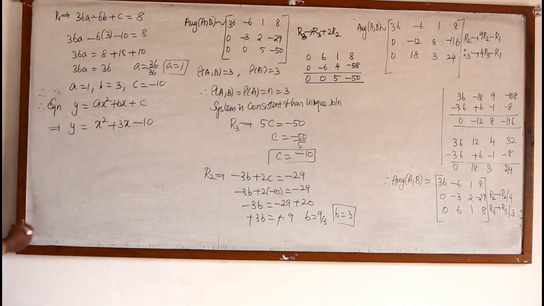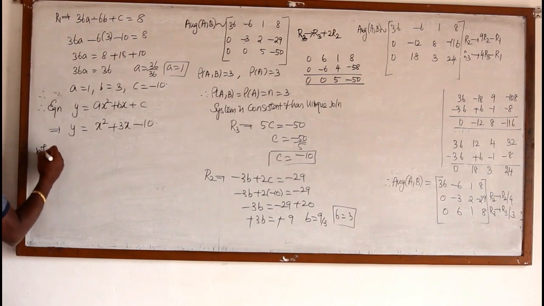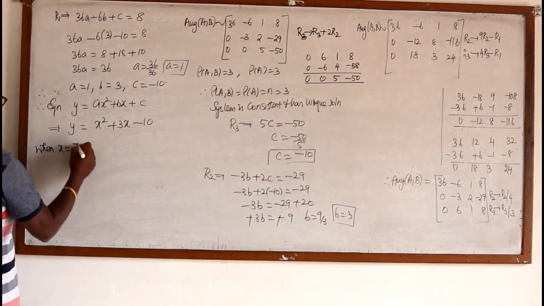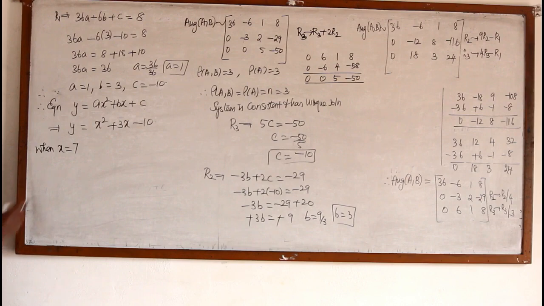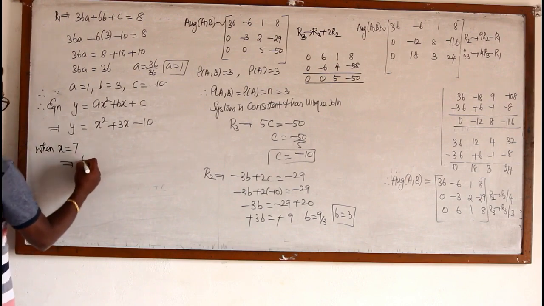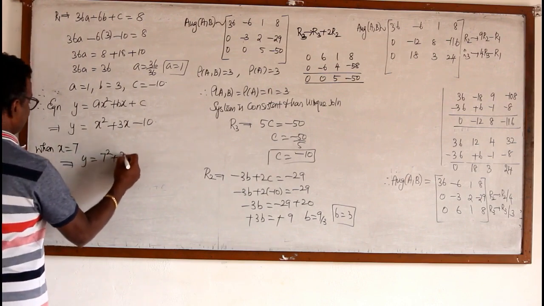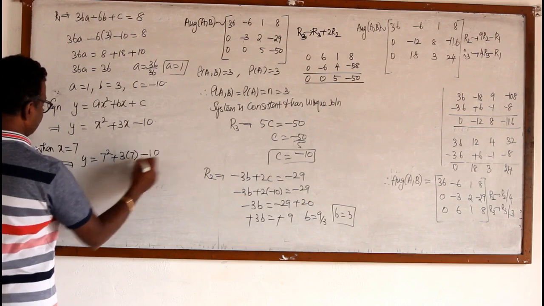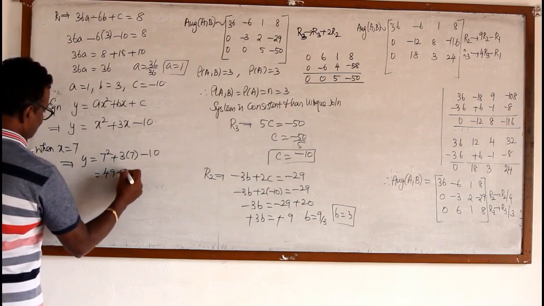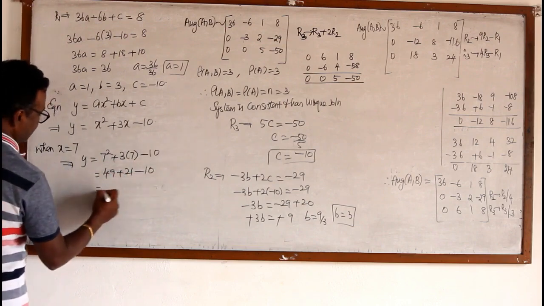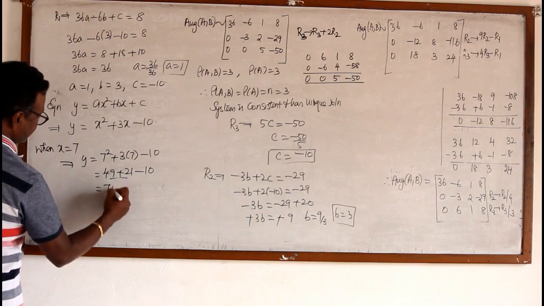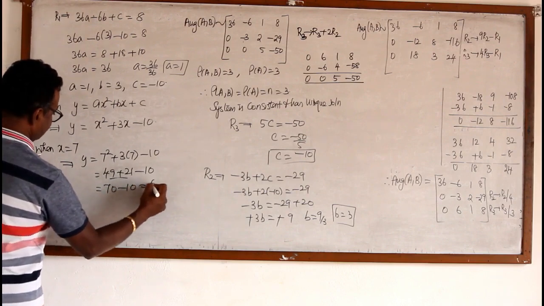This is the equation. The boy has to meet his friend, isn't it? Therefore, when x equal to 7, I must get whether y is becoming 60 or not. Then y equal to 7 square plus 3 into 7 minus 10: 49 plus 21 minus 10. Is it not 70 minus 10, which is 60?